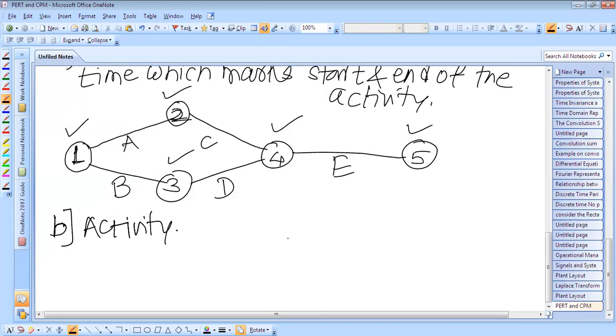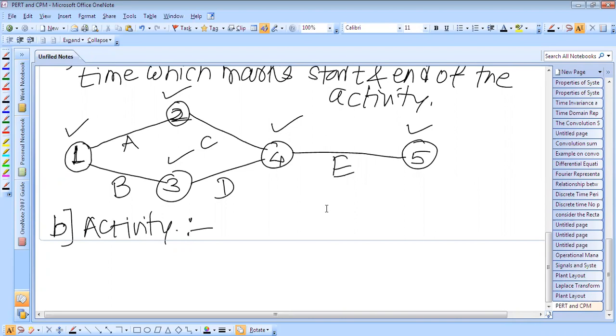Every project consists of activities. Once the project is allocated to you, we have to perform the activities to complete that project. So every project consists of a number of jobs, operations, or tasks, which are called activities.